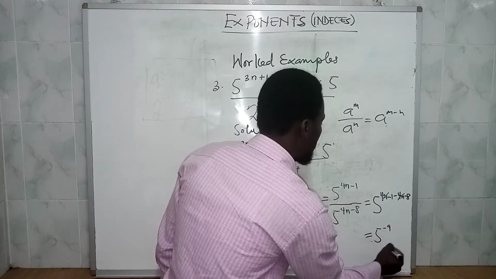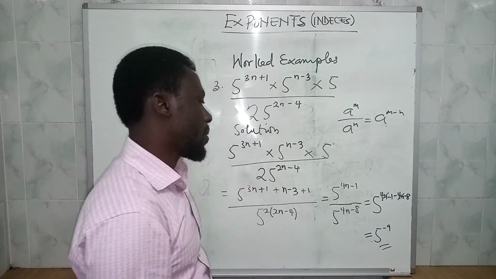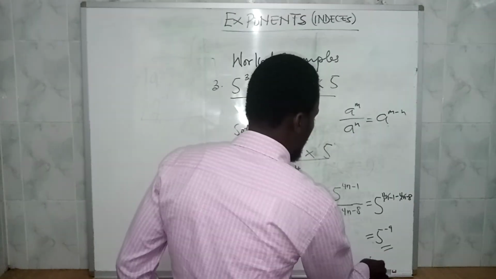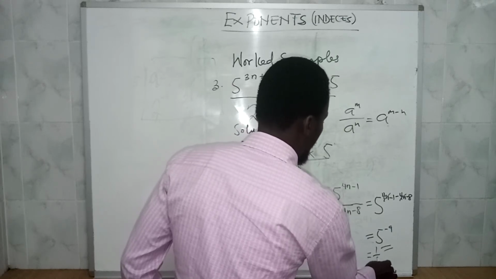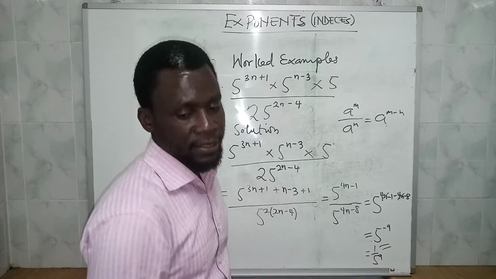So 5 raised to the power negative 9, which is the same as 1 over 5 raised to the power 9.